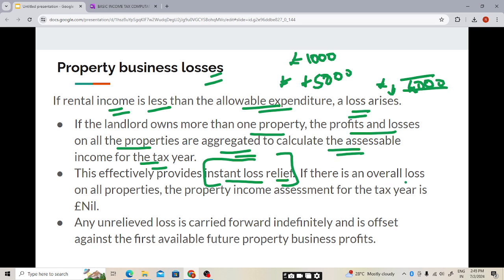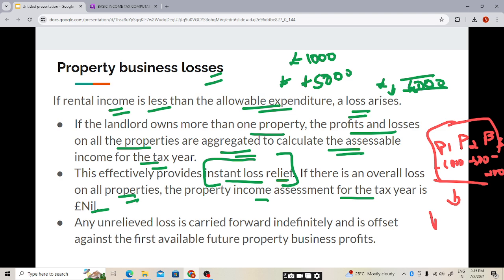If there is an overall loss on all properties, the property income assessment for the tax year will be nil. If property 1, property 2 and property 3 all have losses, minus 1,000 pounds, minus 500 pounds, minus 200, then your property income for that year will be 0. Clear with this?